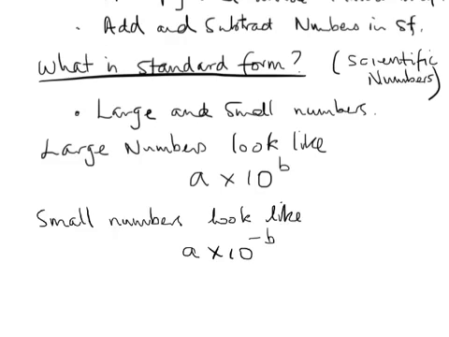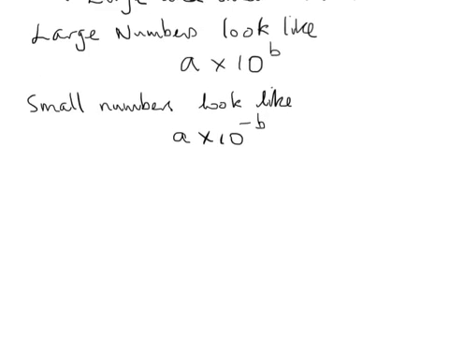Okay, so a very small number will have a minus in the power. This is called the power, and this number comes before the times 10 to the power. So what does times 10 to the power mean? Let's have a look at that now.